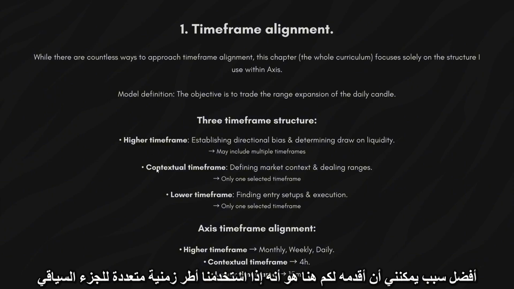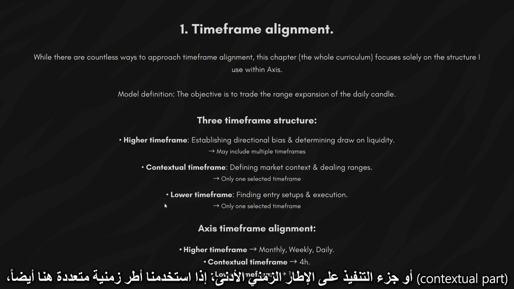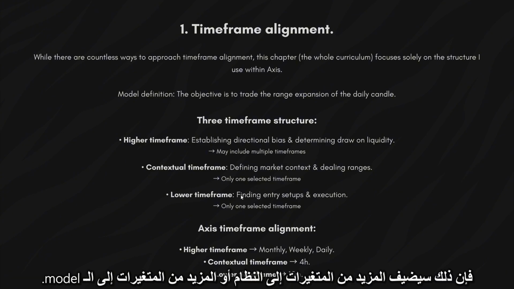The best reason I could give you here is that if we use multiple time frames for the contextual part or the lower time frame execution part, then that will add more variables to the system, or more valuable variables to the model.